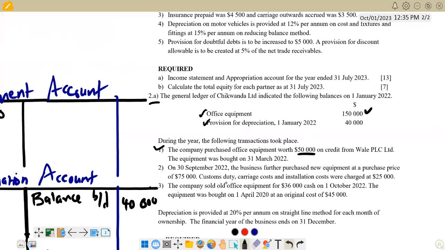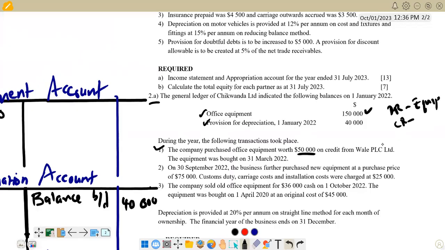So whenever we purchase equipment, the double entry is that we debit the equipment that we have purchased, and then we credit. If you are using a cheque, you credit bank.